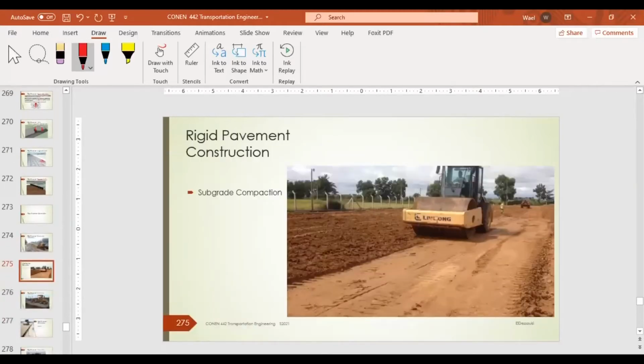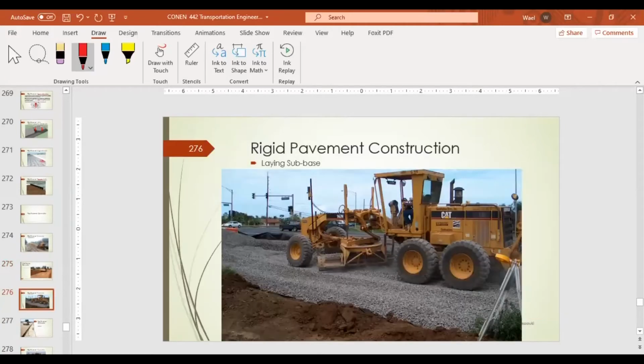Then we compact after the leveling to make sure it's well compacted. Then we lay the sub base layer, which is basically an aggregate, and it helps in distributing the load on the subgrade.